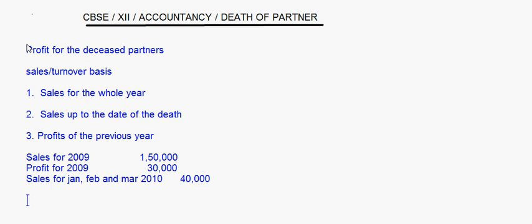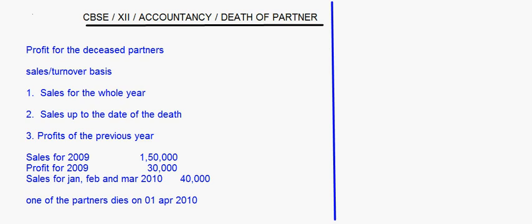Now it's given here that one of the partners dies on 1st April 2010. Okay, now I have to calculate the profit which has to be given to this partner.